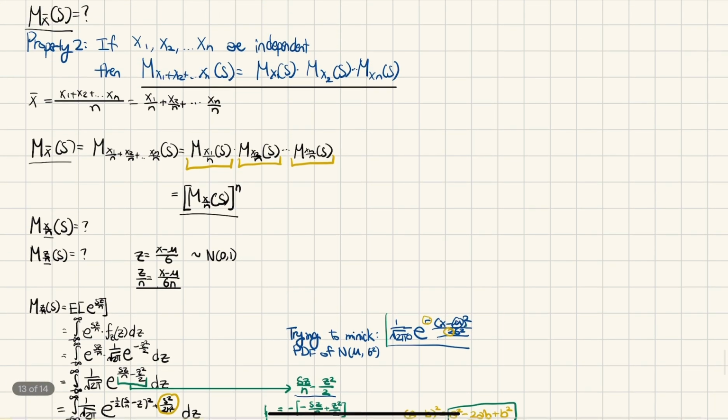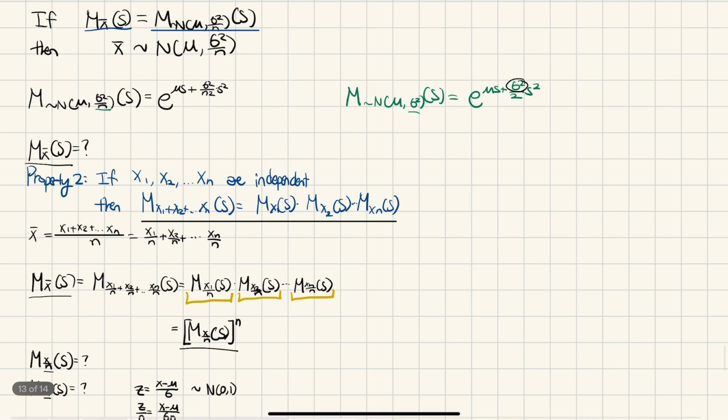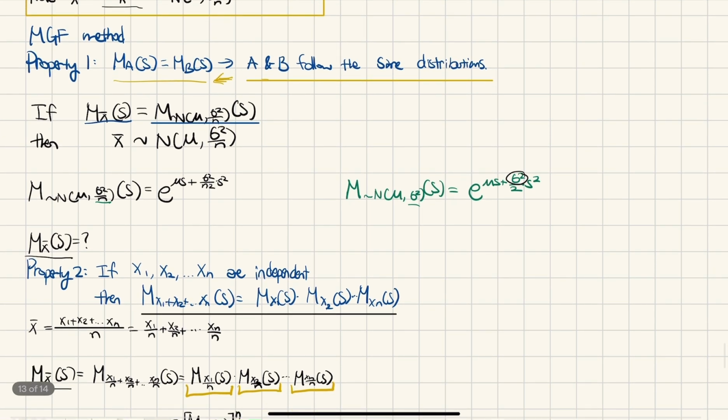Let's go back. We've established that if the moment generating function of X mean equals the moment generating function of a random variable following a normal distribution with mean mu and variance sigma squared over n, then X mean will follow this distribution.